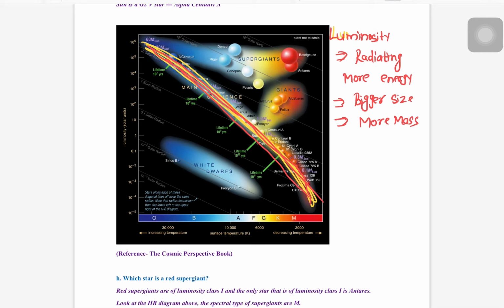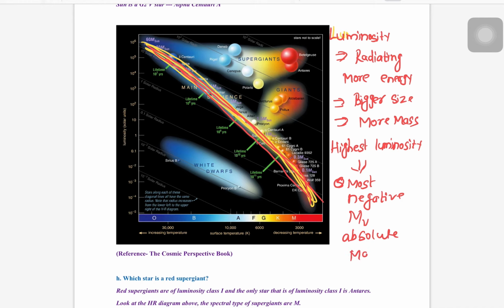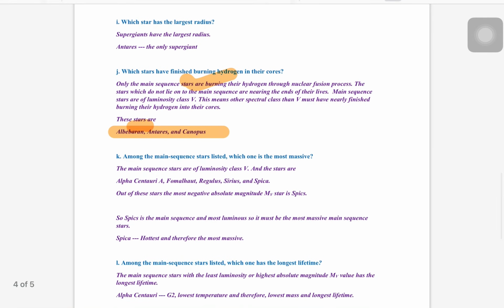And when a star has the highest luminosity, it has a smaller or most negative MB, that is, absolute magnitude. Okay, so look at the question one more time. Among the main sequence stars, which one is most massive?